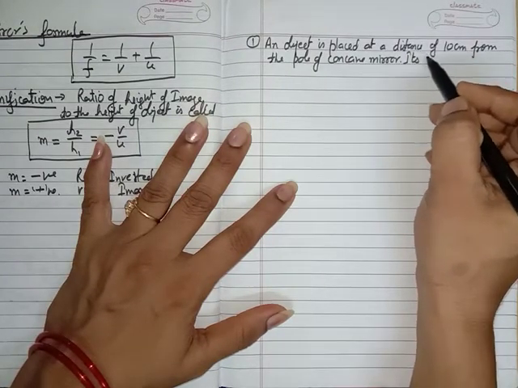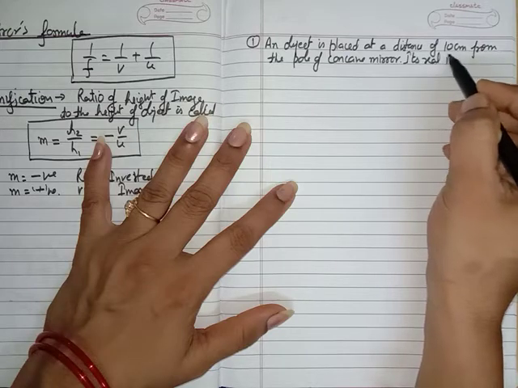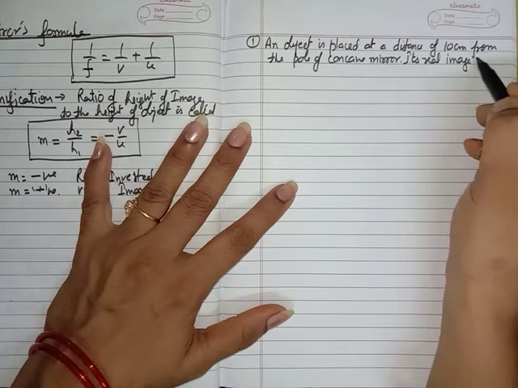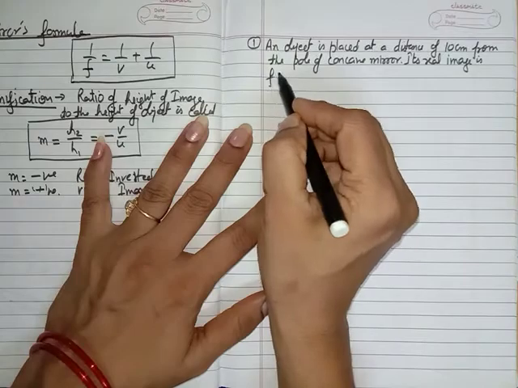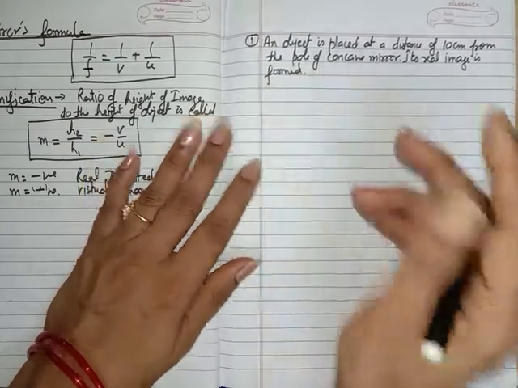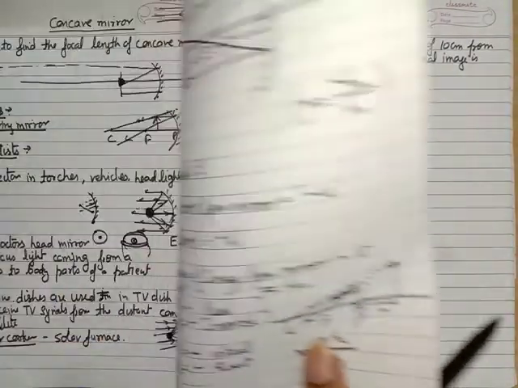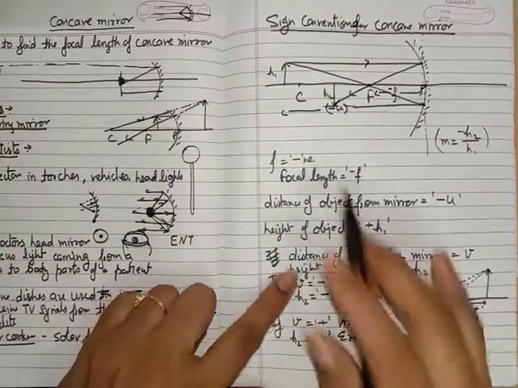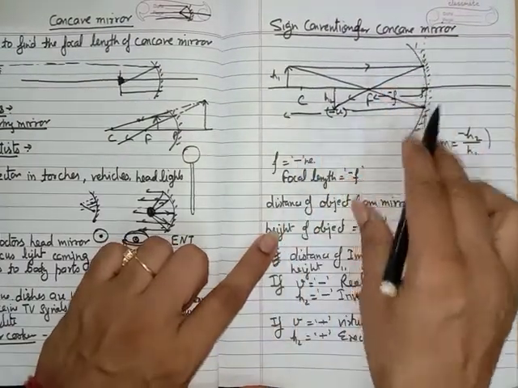Now its real image is formed. You know what is the meaning of this real image? I have explained in the last lectures that real image means the image is formed in front of the mirror.